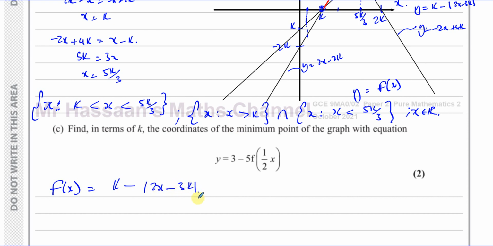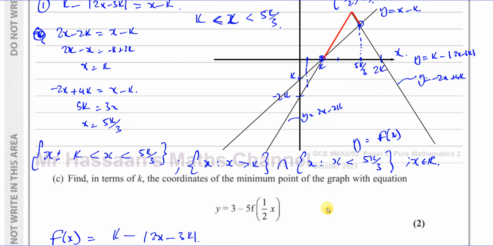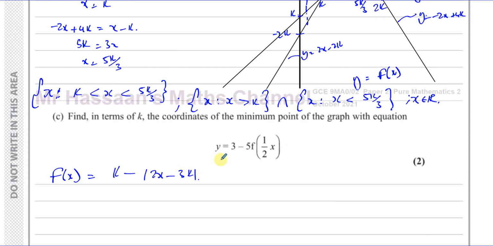So the minimum point of the graph with this equation is going to be the vertex. Now how do we know that the vertex is going to be a minimum in this case? Well, because you can see that the function has been multiplied by negative outside the whole function. So what was like this is going to become like this. So the vertex is now going to become the minimum.